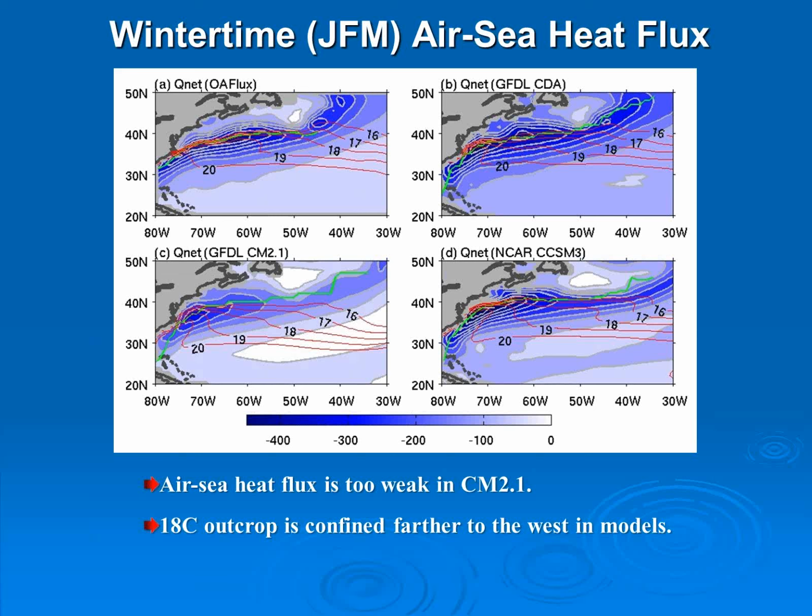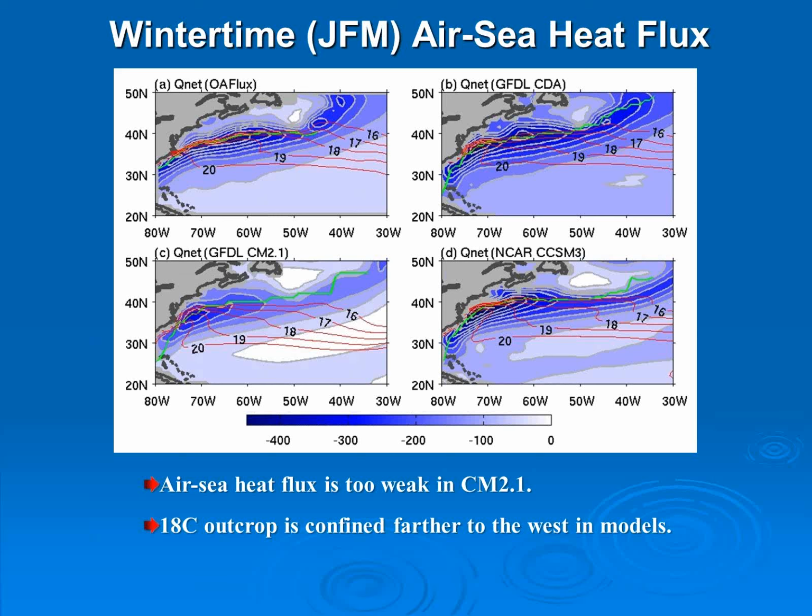So you see that in the observations, there is a strong air-sea heat flux along the Gulf Stream, and the data assimilation model also shows strong heat flux. CCSM3 looks a little better than CM 2.1, which is too weak, and the large heat release is confined to the west.